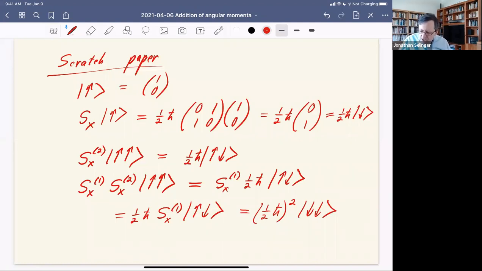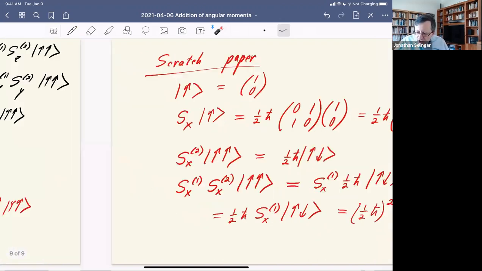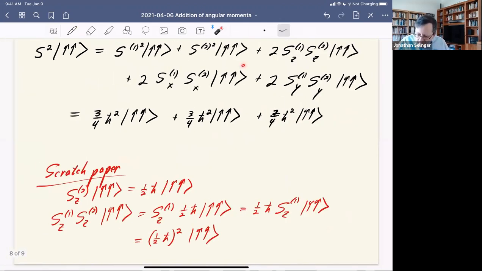So this is what we need to go into the fourth term right here, the XX term.